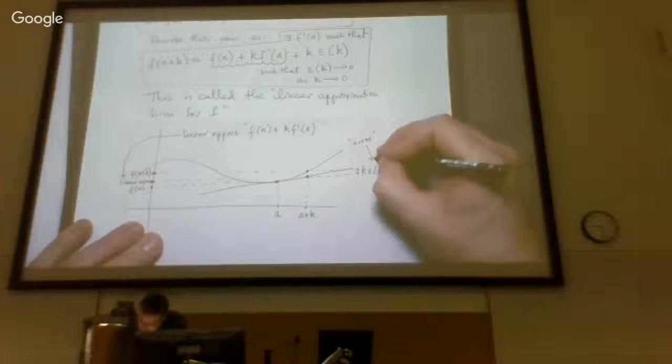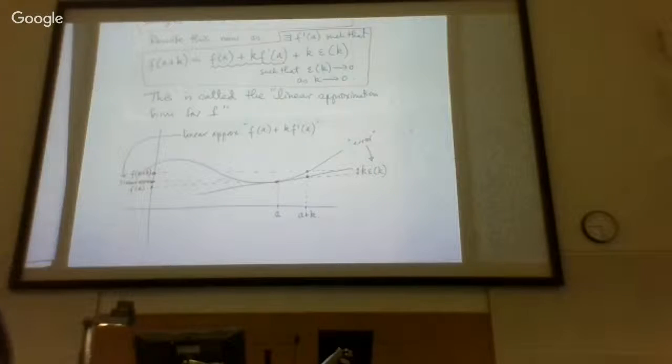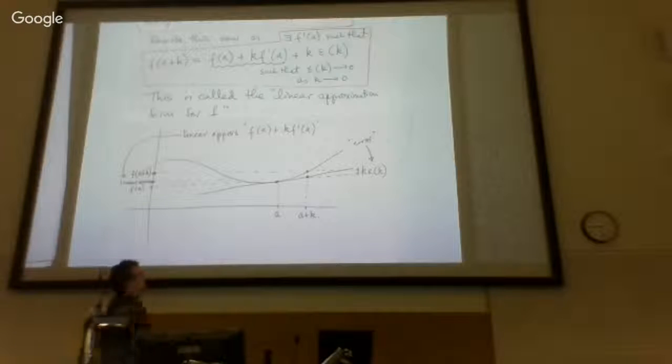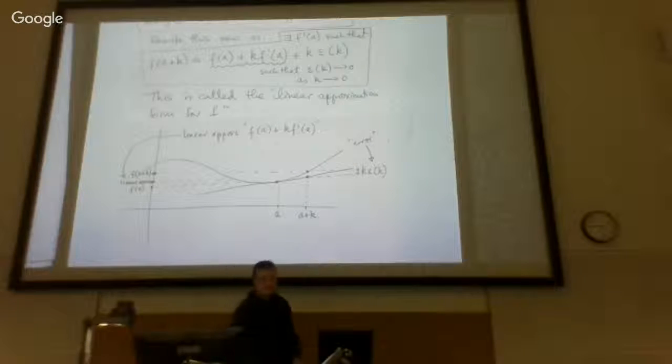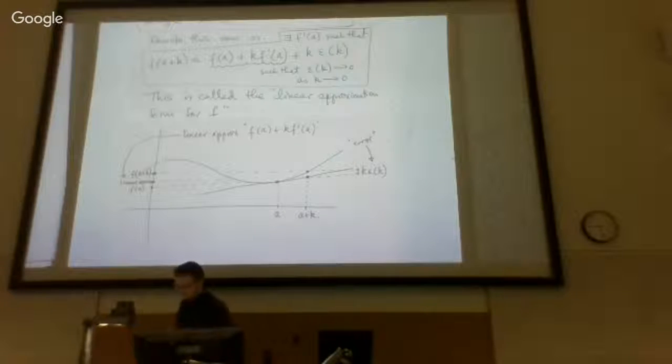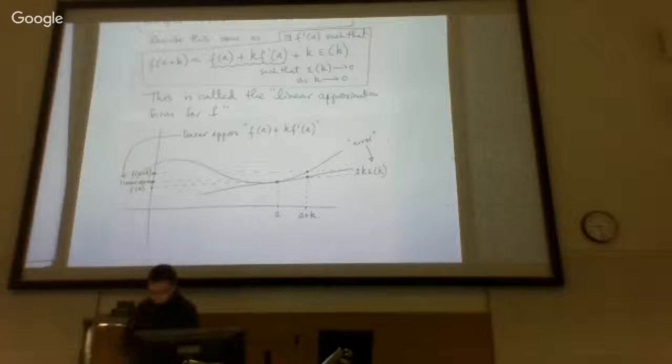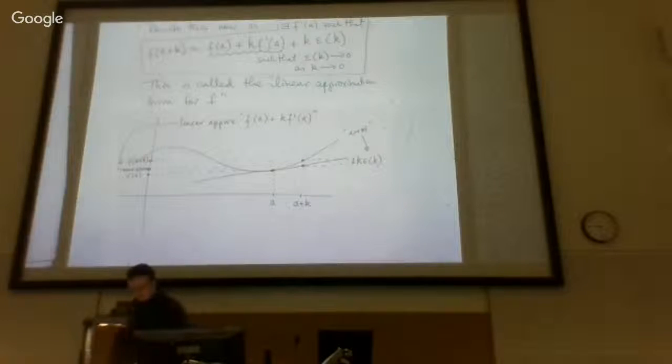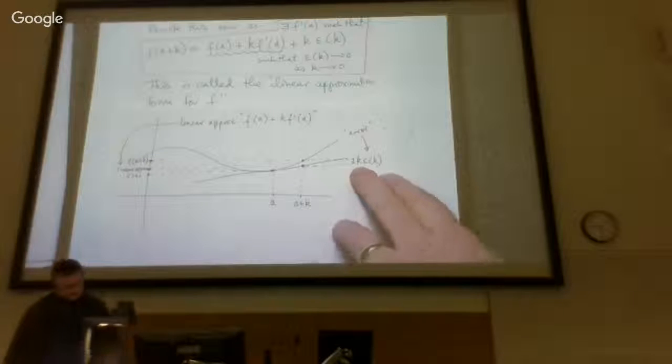Associated to any approximation, you've got an error, of course. So the difference in value between the true value of f of a plus k and the linear approximation value is this quantity k times epsilon of k.